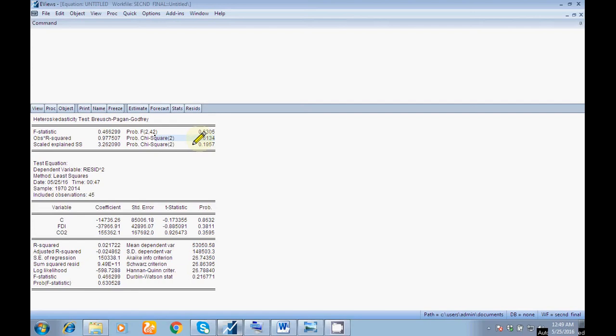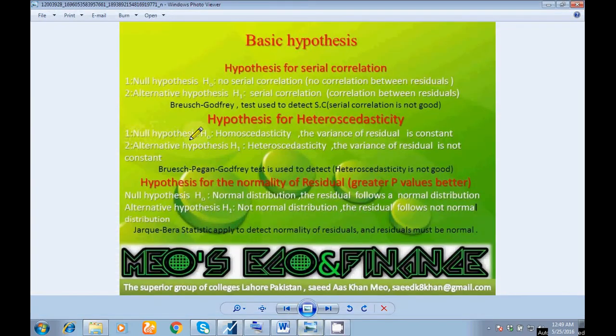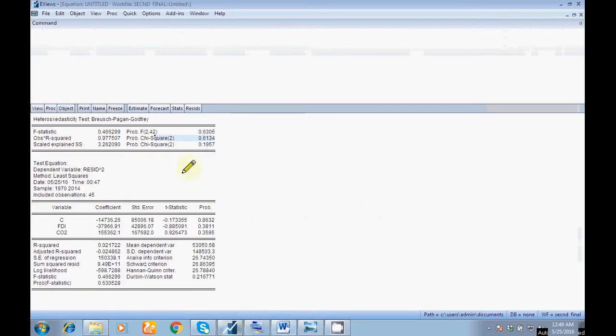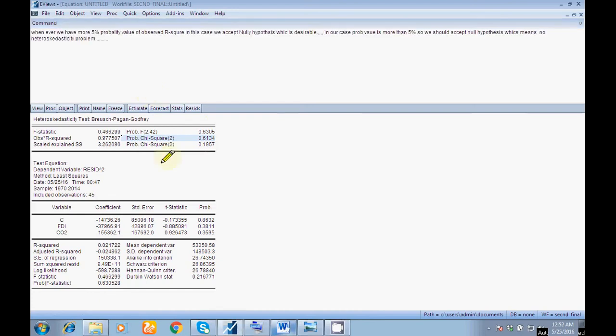Whenever we have a value more than 5%, we accept the null hypothesis, and the null hypothesis is desirable for heteroskedasticity. So guys, we have shown there is no heteroskedasticity problem.